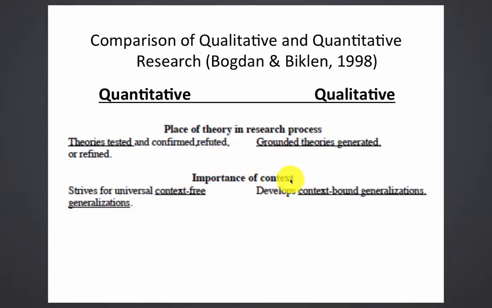Importance of context. This is an interesting one because we talked about how in quantitative inquiry we are trying to achieve generalizable results, things that we can say apply across all contexts, regardless of the situation. And the more experimental it becomes, the harder it is to actually generalize.